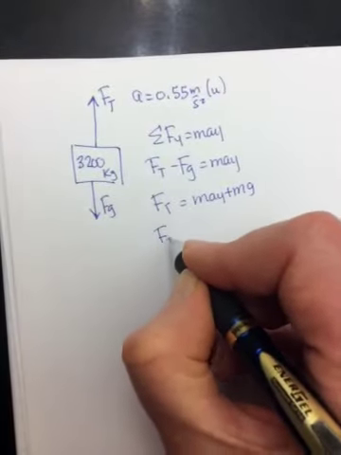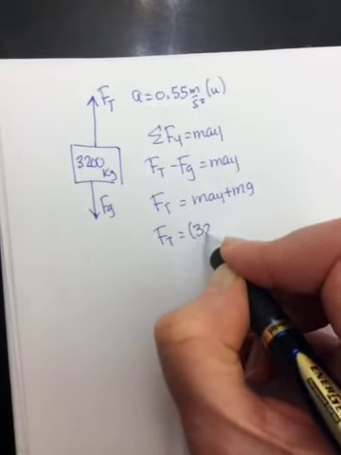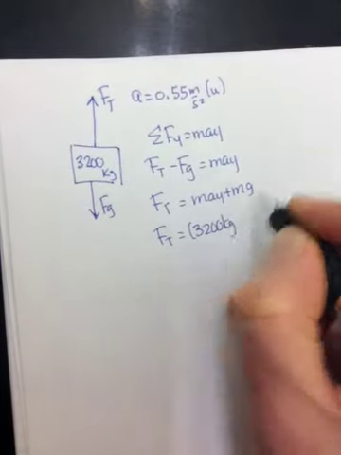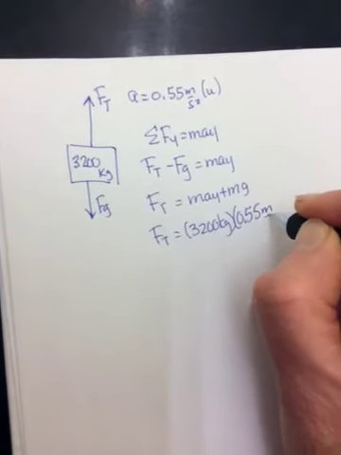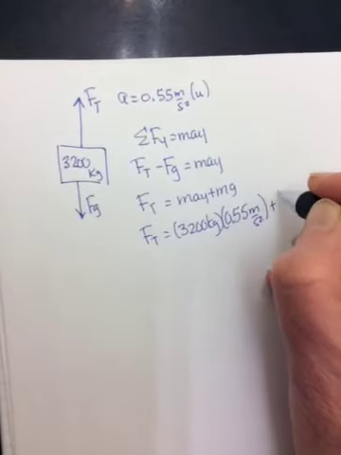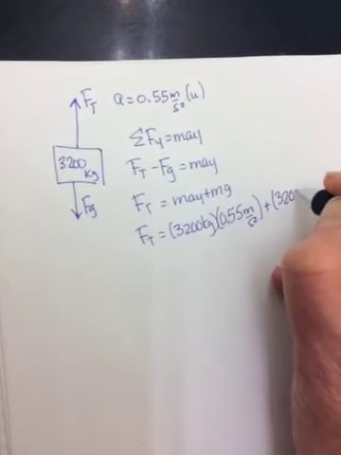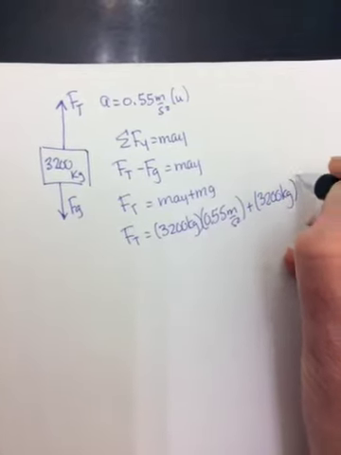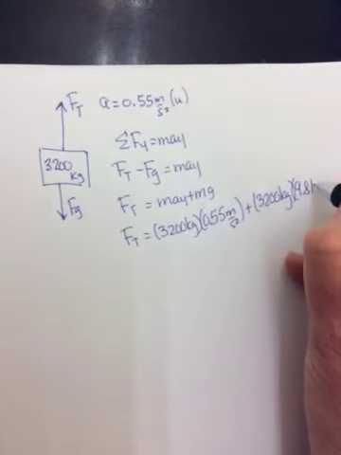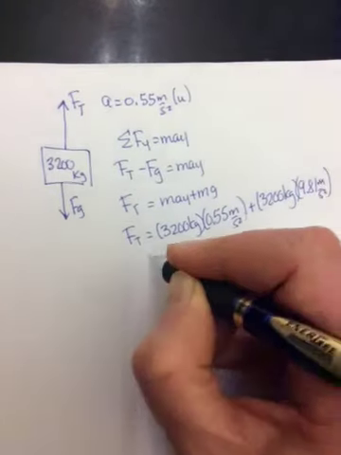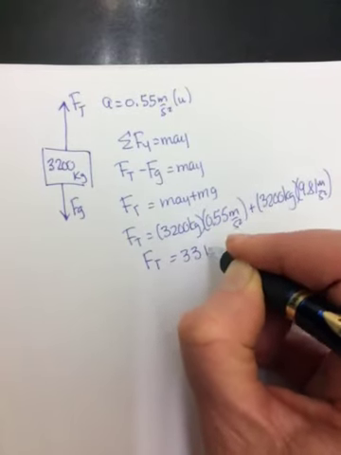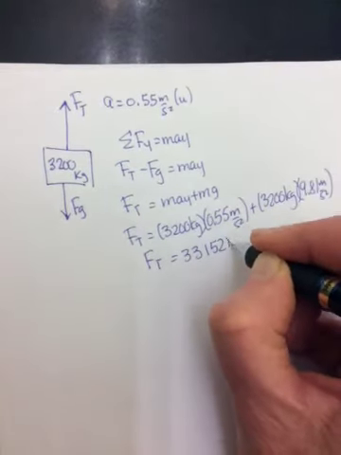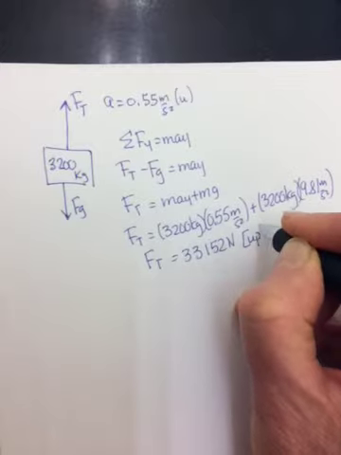And now you fill your numbers in. 3,200 kilograms times 0.55 meters per second squared, plus 3,200 kilograms times 9.81 meters per second squared. And when you do this and type it in, you should get 33152 newtons up. Works out to be positive.